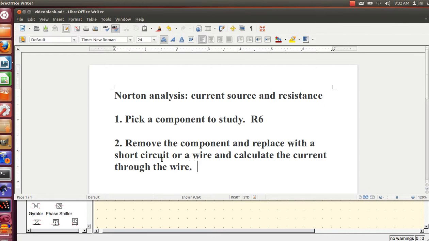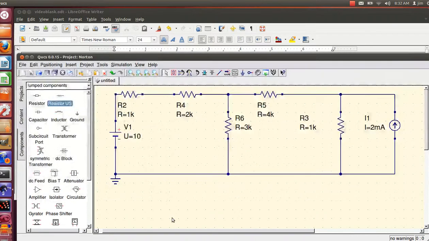Once we get that calculation and we have that current value, that becomes our Norton current. That's one of the two things we have to have in order to come up with an equivalent circuit.